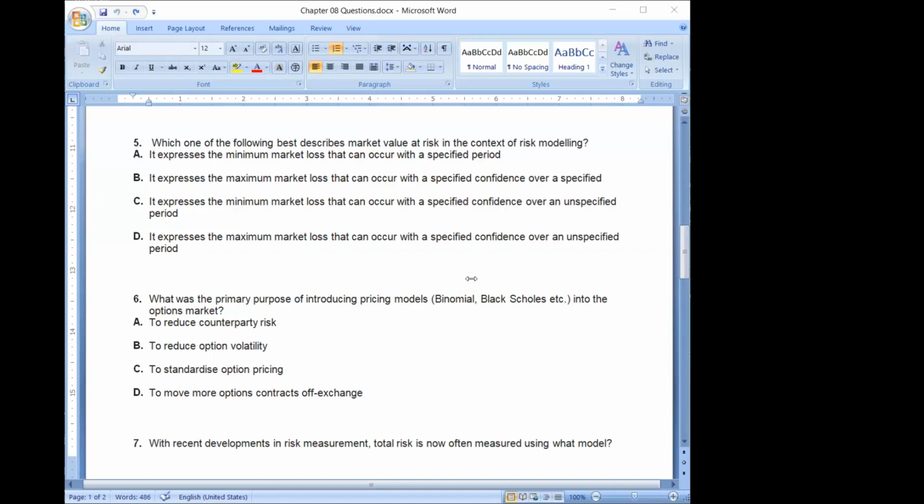It's for a specified period and for a given confidence level. So all that is clearly given in the second answer: it expresses the maximum market loss that can occur with a specified confidence over a specified period. The word period is not there, but it's understood. Correct answer is B.